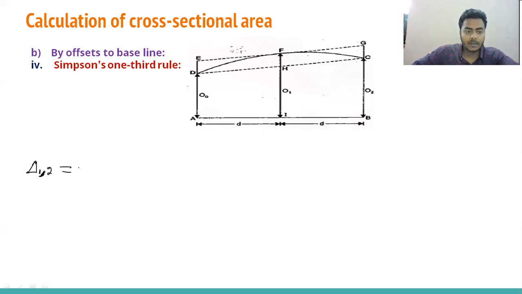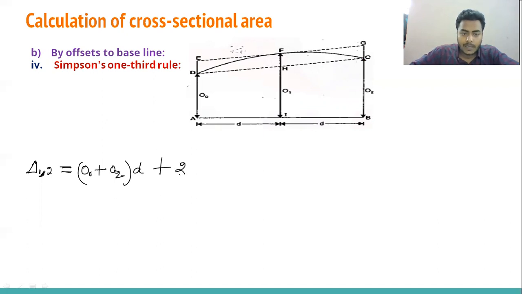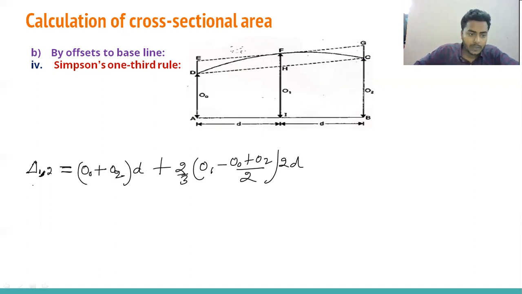So DFC we have: we got O0 plus O2 into D, plus 2 by 3 into O1 minus O0 plus O2 divided by 2, into 2D. Am I right?